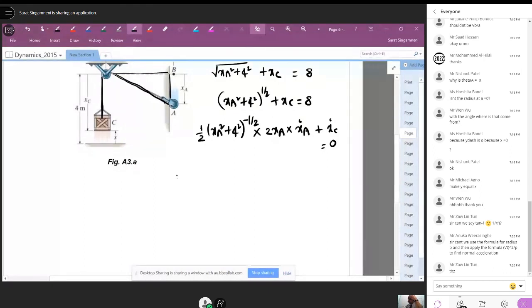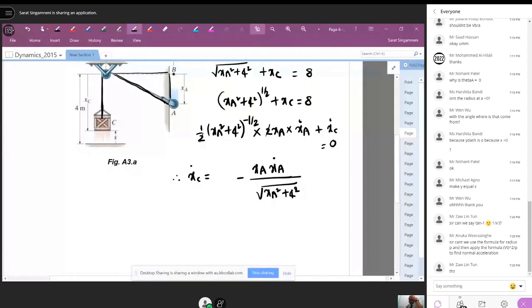From this, xc dot is equal to minus xa, 2 and 2 are cancelled, xa dot divided by root xa squared plus 4 squared.